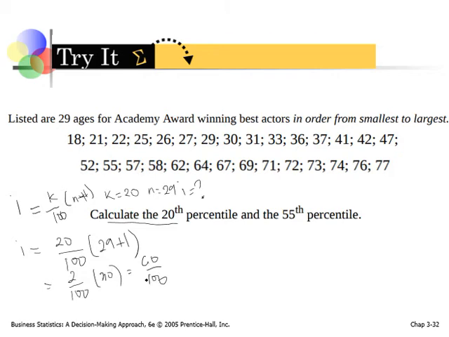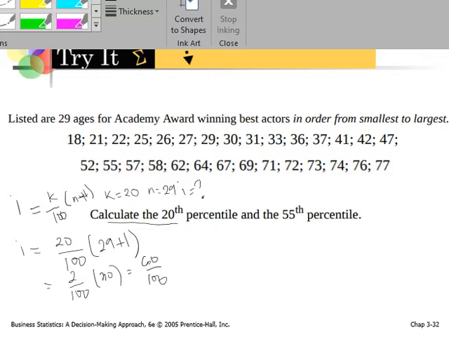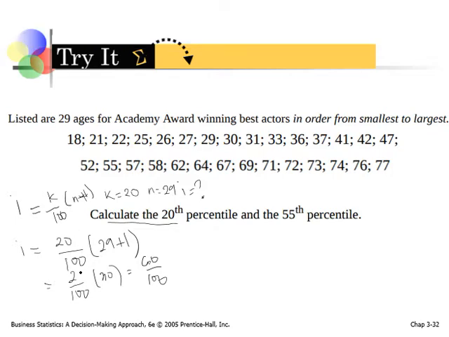Oh wait, I forgot to put a 0 there. Sorry. So this is 20 over 60. Okay, let's erase this one.